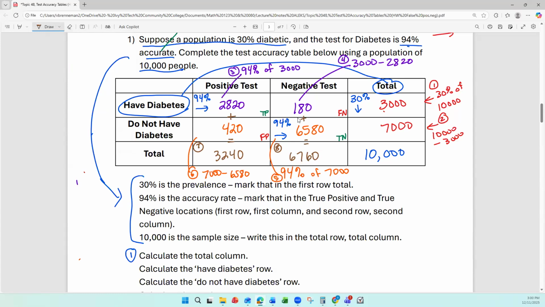And then as a final check, does 3,240 plus 6,760 equal 10,000? Yes. If it doesn't, it means I've definitely made a mistake. If it does, it's still not guaranteed that something didn't go wrong, but at least nothing obvious.